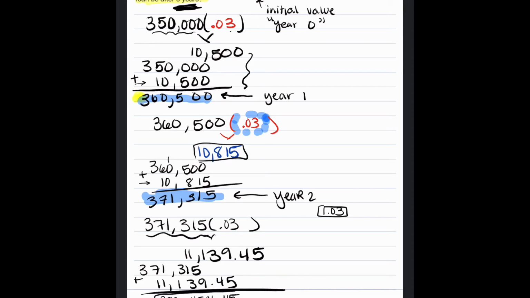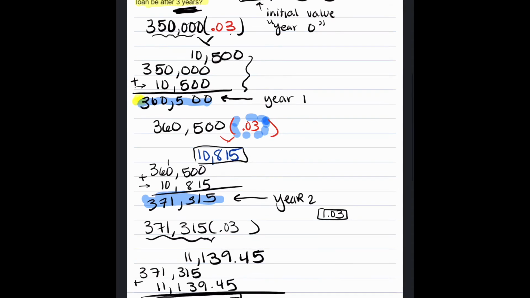So this is her total loan amount after 3 years. Year 0, year 1, year 2, and year 3. Like I was saying in my little tangent, you could have just kept multiplying by 1.03 and ended up with each of these answers right away without having to add.